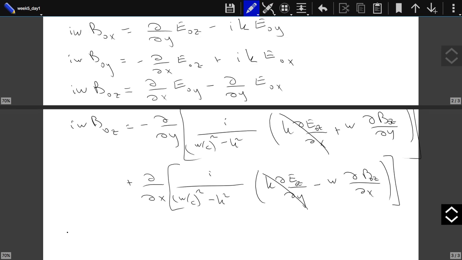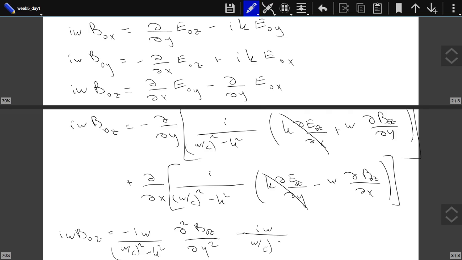And what we have left is i omega B0z is equal to minus i omega over (omega squared over c squared minus k squared), second derivative of B0z with respect to y squared, minus i omega over (omega squared over c squared minus k squared), second derivative of B0z with respect to x squared.